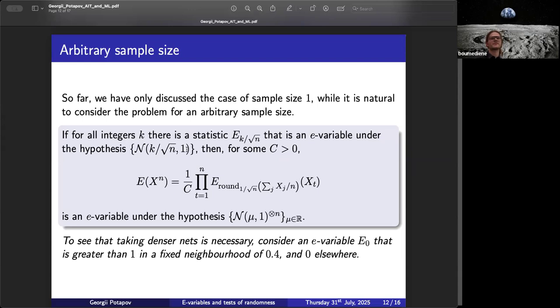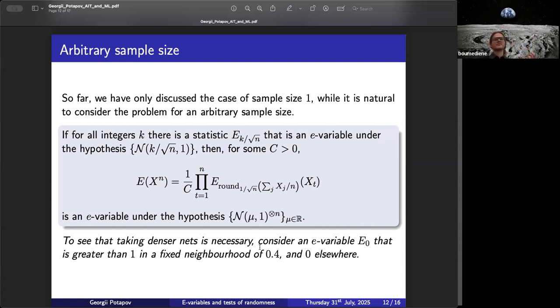And I want to point out that here we should take denser and denser nets to which we round our estimation. And this is unavoidable. We can, for example, consider a variable that's just 1 or something greater than 1 in a small fixed neighborhood of, for example, 0.4.